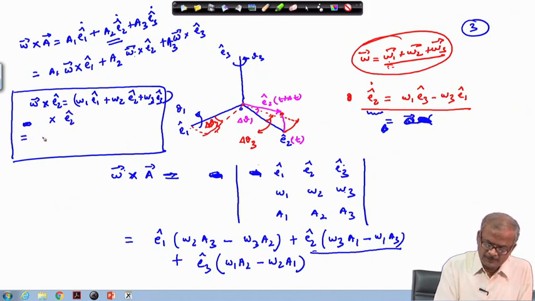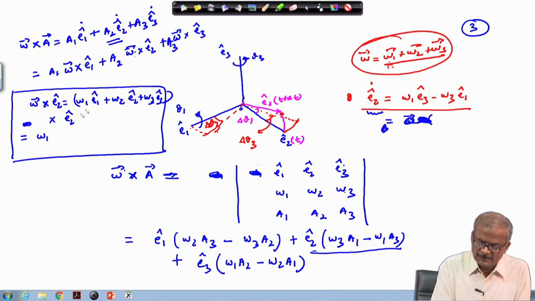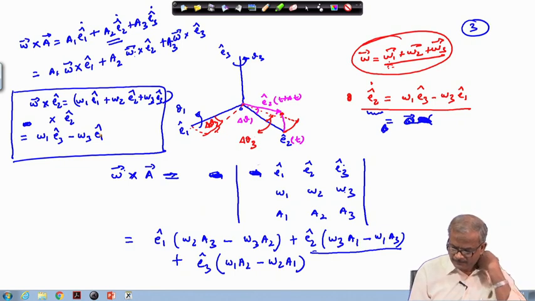If we take the cross product, this will be omega 1 times E1 cross E2, which is E3 cap, and then E2 cross E2 will be 0, and E3 cross E2 is minus E1. So this is omega 3 times minus E1.